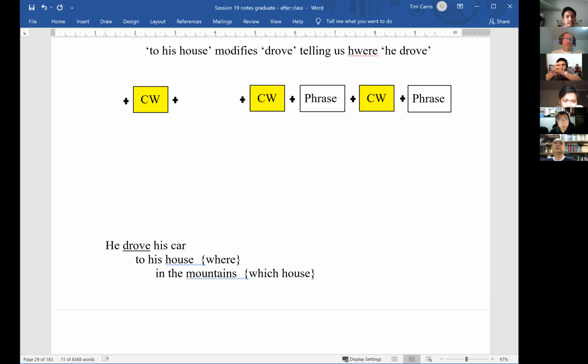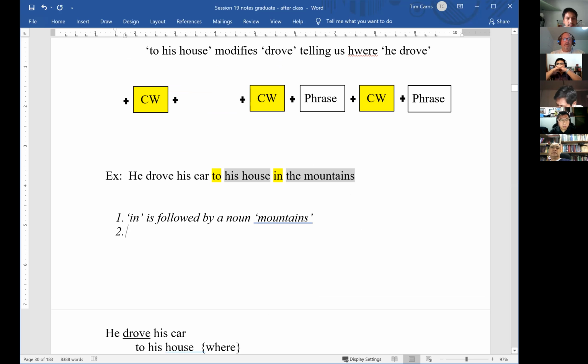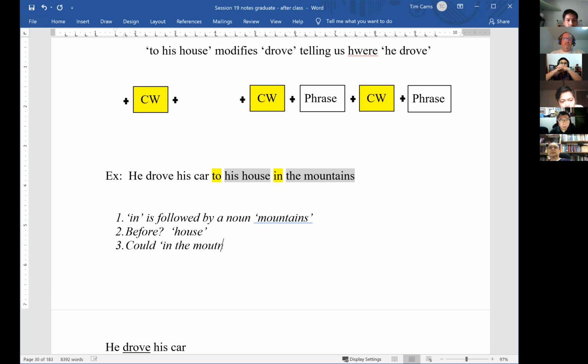So I'm going to do "in the mountains." The first step I ask is, is it followed by a noun? So I'm looking at "in," which is followed by a noun, "mountains." So I do have a preposition here. The second thing I ask is, what comes before? That is the word "house." So I ask, could "in the mountains" modify "house"?